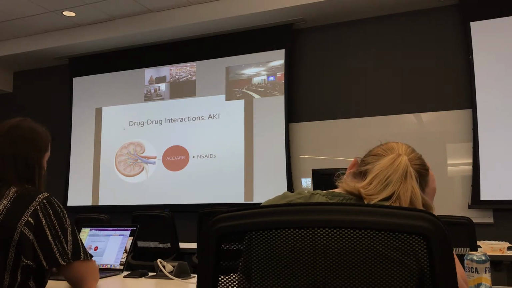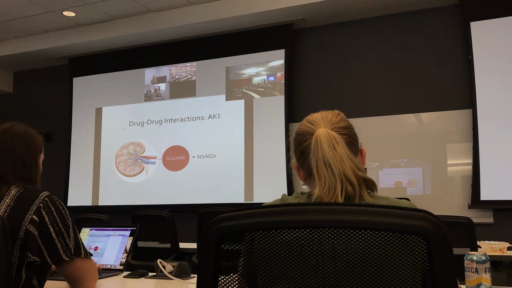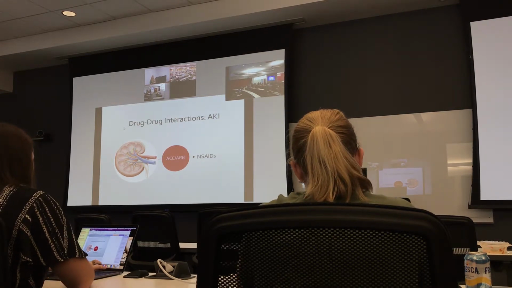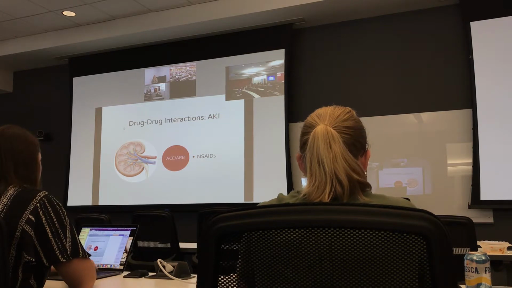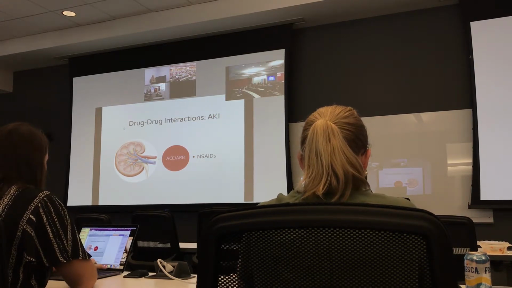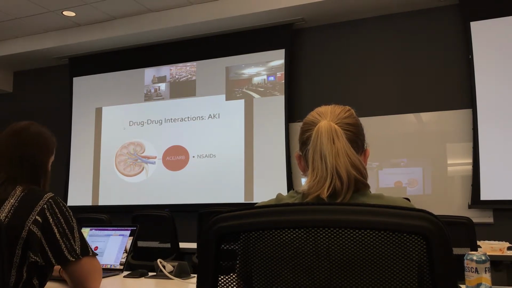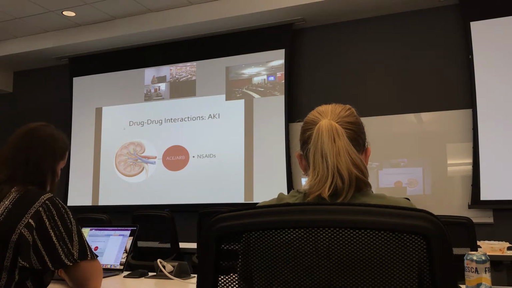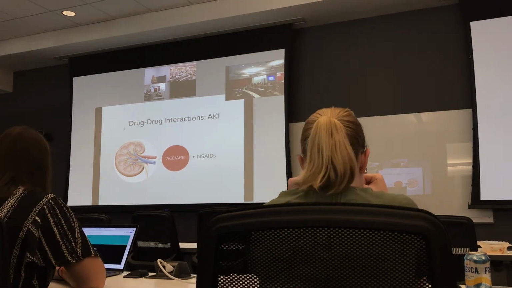So if you inhibit blood flow before you get to the kidney and after you get to the kidney, then there's no blood going to the kidney, and your kidney gets mad. Serum creatinine goes up. Everybody freaks out. You don't do ACE inhibitors with NSAIDs, if you can avoid it. Okay? My kidney lesson for today.